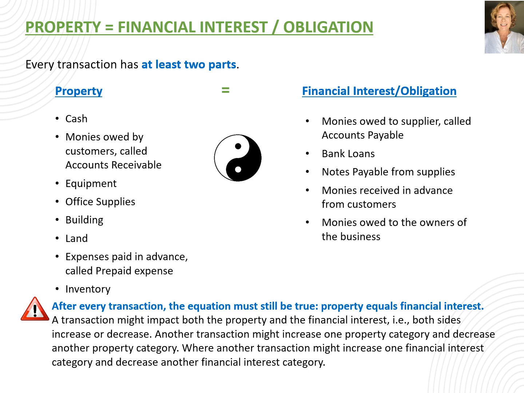Another transaction might increase one property category and decrease another property category, where yet another transaction might increase one financial interest category and decrease another financial interest category. After every transaction, though, the equation must still hold true. Property equals financial interest.